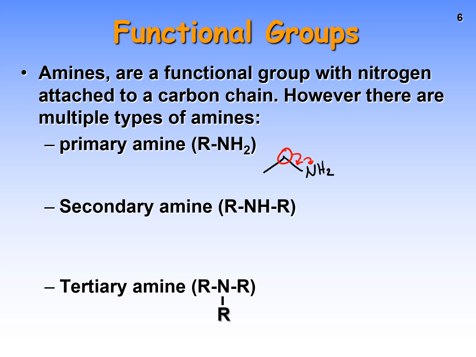If we had a secondary amine, we might have something like this, where now we have a carbon here and a carbon here, both bonded to the nitrogen, which means we have two carbons bonded to that nitrogen. This is known as a secondary amine, secondary for two.